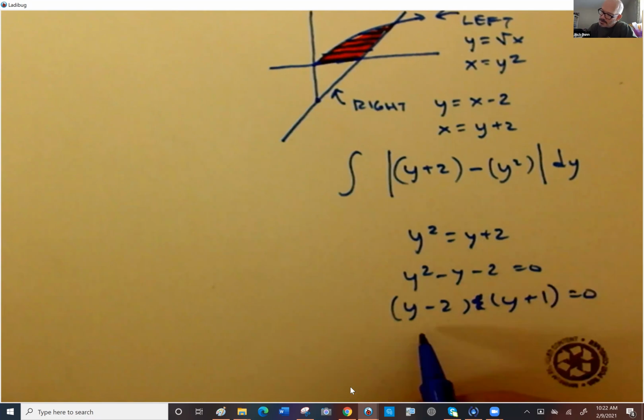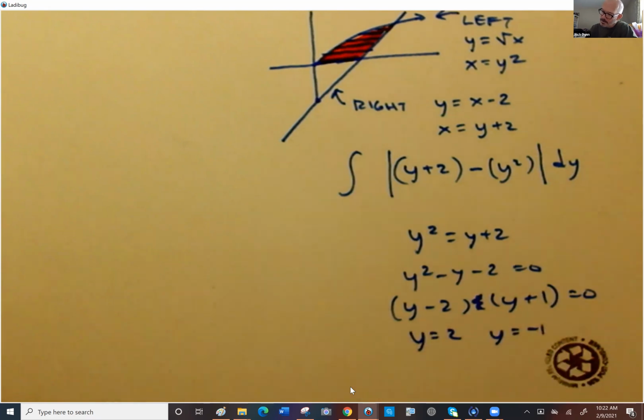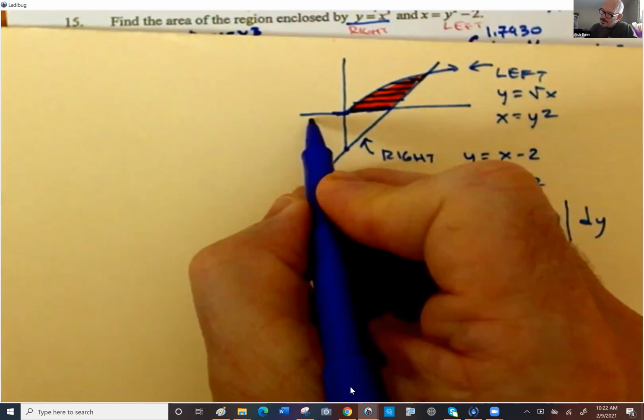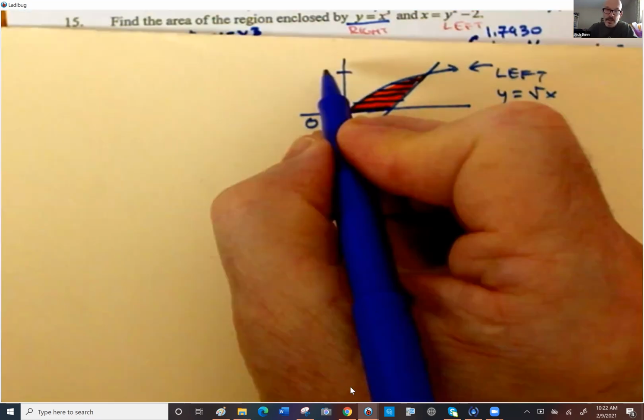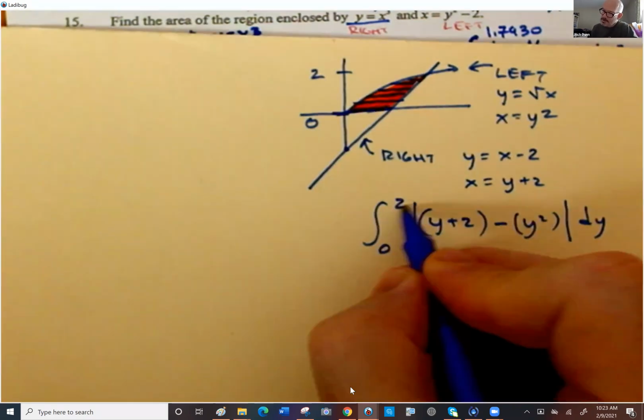That gives us the intersection at y equals 2 and y equals -1. This one is not necessary because we know we're going here from y equals 0, and we're going to integrate that to y equals 2, from 0 to 2.